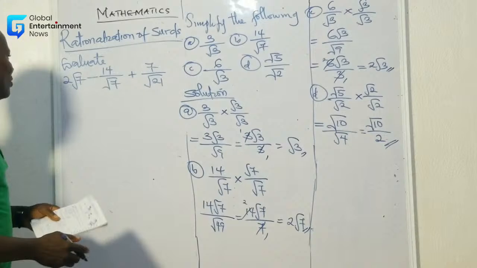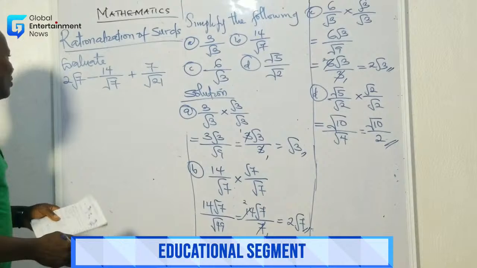So what do we do now? Now we have 2 root 7 minus, so what do we have here? 14 times root 7. That is 14 root 7 over root 7 times root 7, which is root 49.